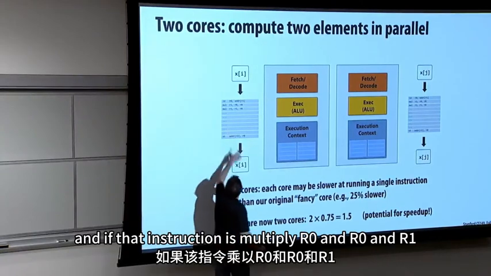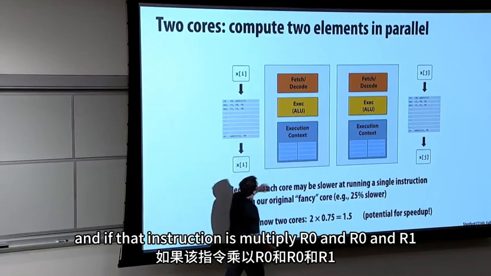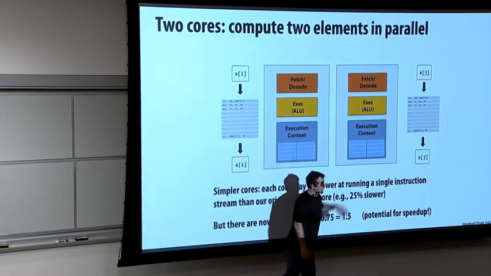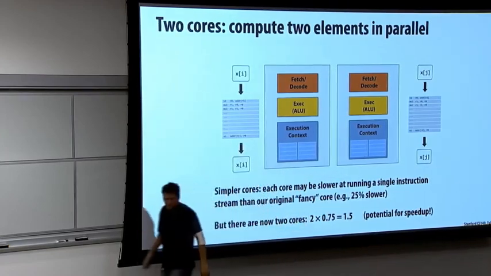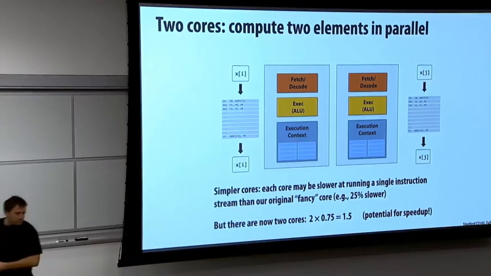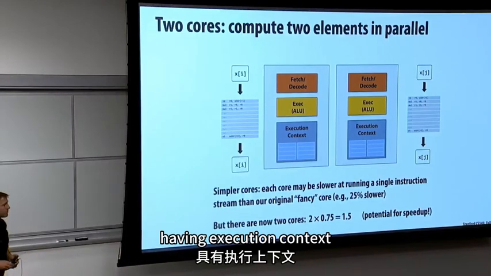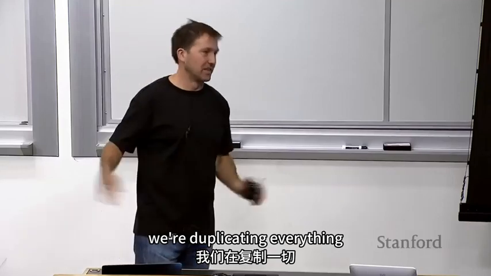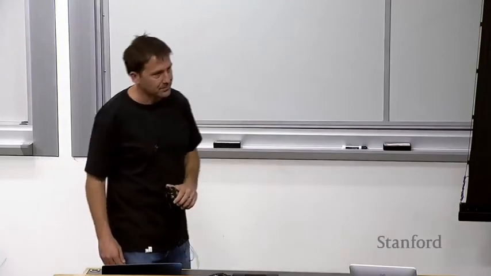And if that instruction is multiply R0 and R0 and R1, that's modifying these registers. Yeah, we're duplicating everything.